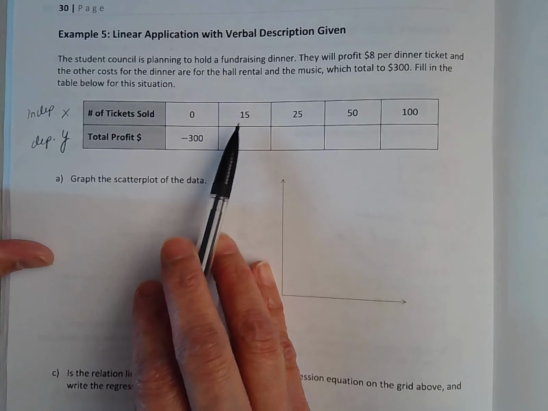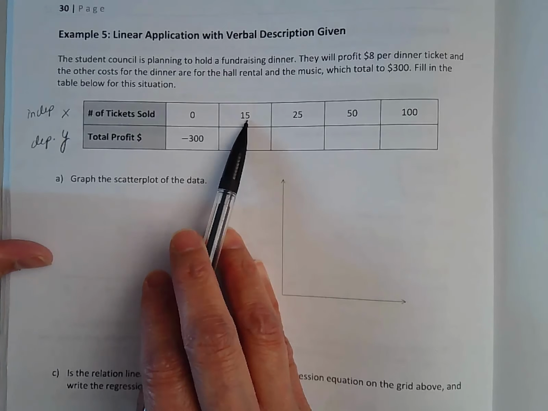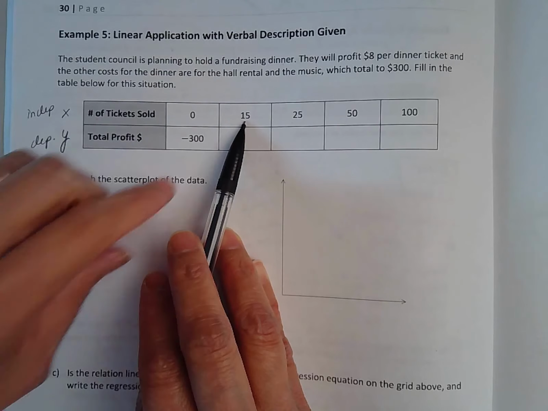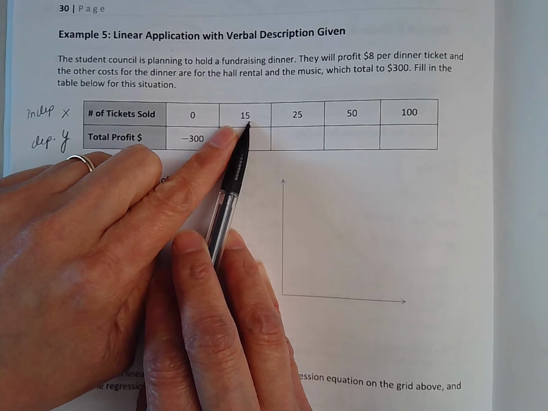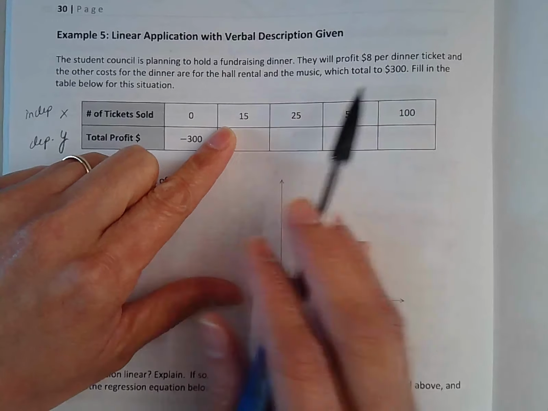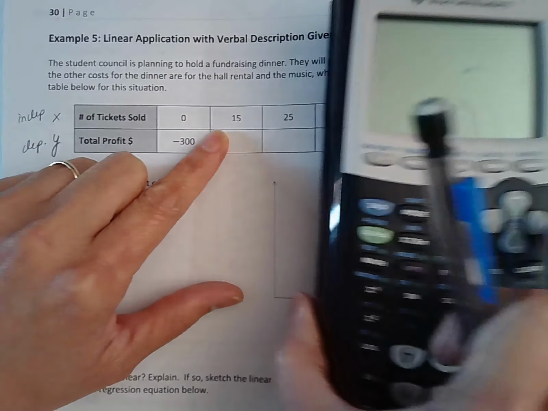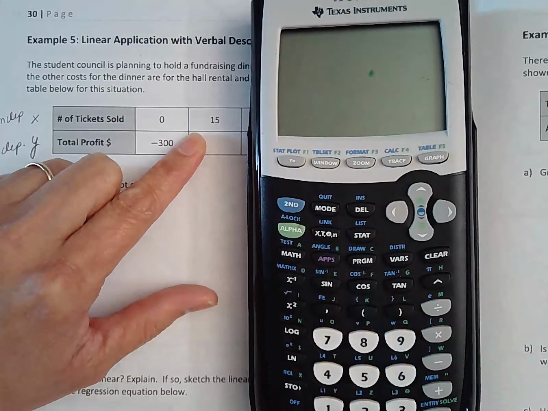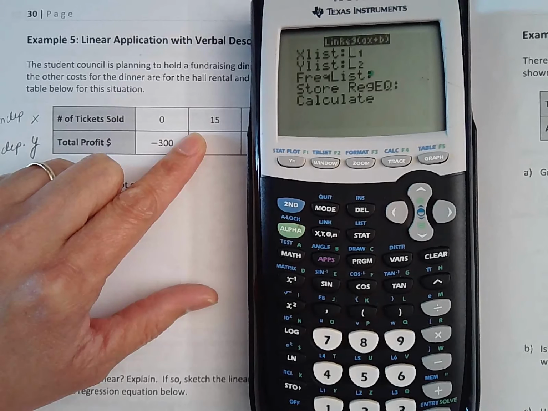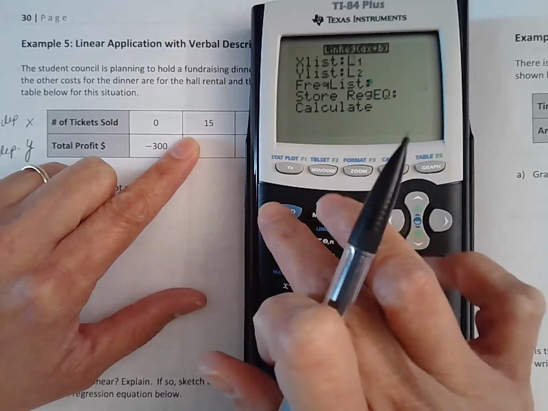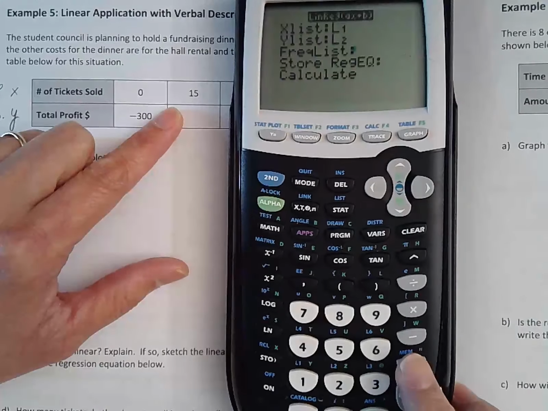So over here, what if they sold 15 tickets? 15 times 8 dollars. So it would be 15 times 8, right? 15 times 8 is 120. So then do you do negative 300 plus 120? Yes, that's right. Let me clear everything off.